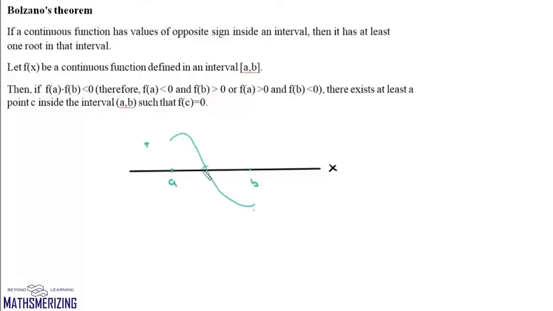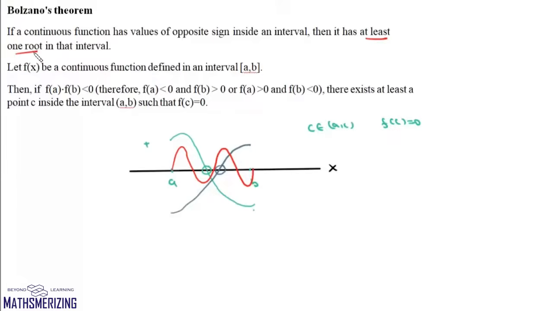So there will be at least one point in this interval AB, say C, such that f(c) is equal to 0. And if f(a) is negative and f(b) is positive, then also it will intersect the x-axis at least at one point. There could be more than one point of intersection or more than one root between A and B, but it will have at least one root in this interval.